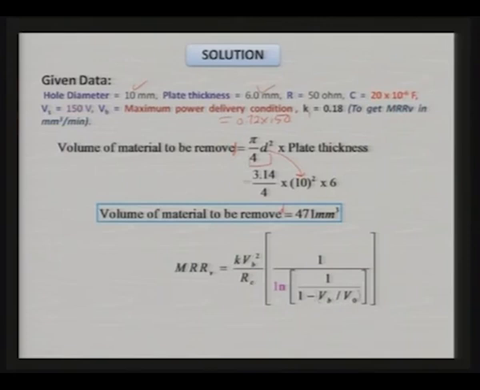Now, let us substitute the values, because we are given the value of K as 0.18, Vv as given over here 0.72 into 150, RC charging resistance is given as 50 ohm, and supply voltage is already given as 150 volt, either Vs or V0, both are the same thing.